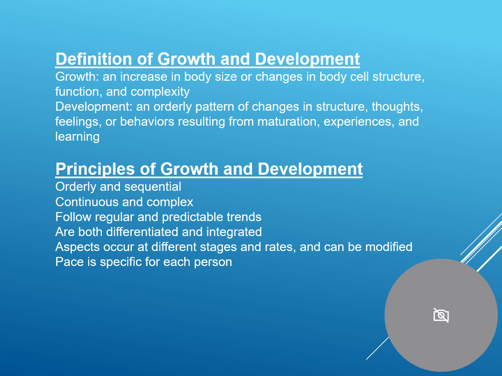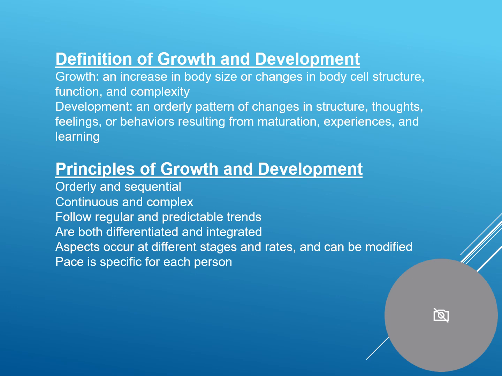Aspects occur at different stages and rates and can be modified. So even though we have an expectation of a pattern, it's usually a range. A child can develop their speech between this age and this age, or maybe walk on their tippy toes.